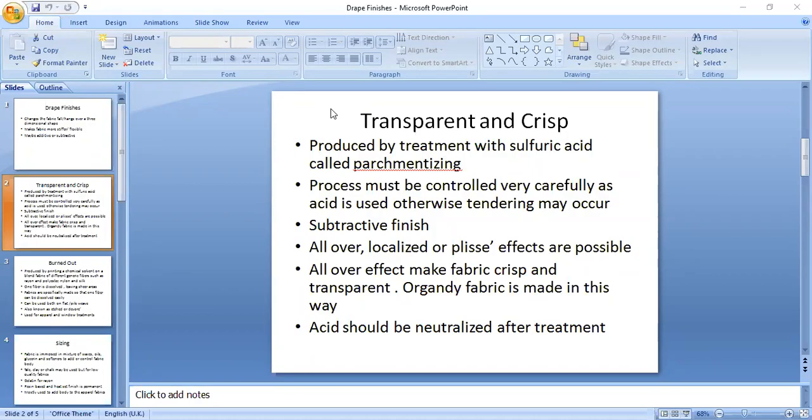Again, calendering to improve surface gloss, and sometimes it is mercerized again to improve transparency. The fabric organdy, which is known for its crispness and transparency, is produced by this all over treatment.